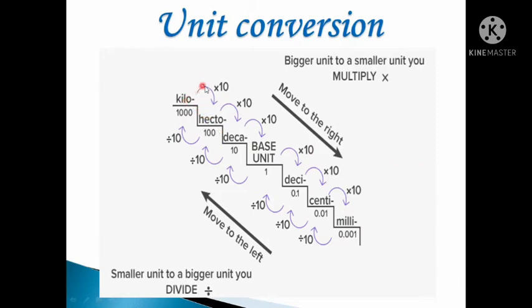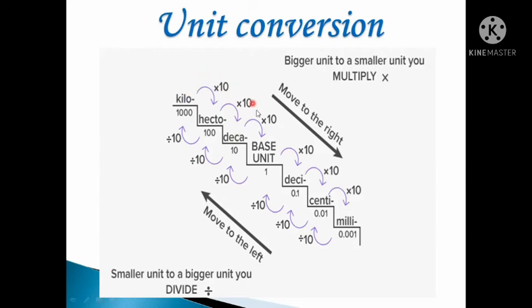So if you want to change kilo to hecto, you have to multiply by 10. If you want to change kilo to deca, 10 and 10. That means 10 multiplied by 10, it's 100, right? So kilometer to decameter, you have to multiply by 100.